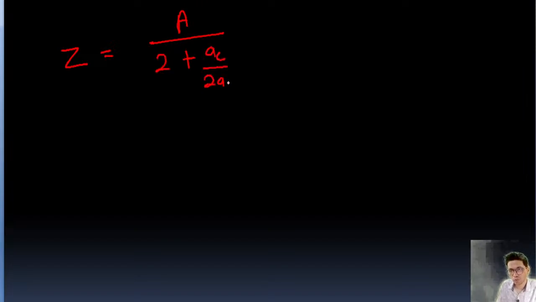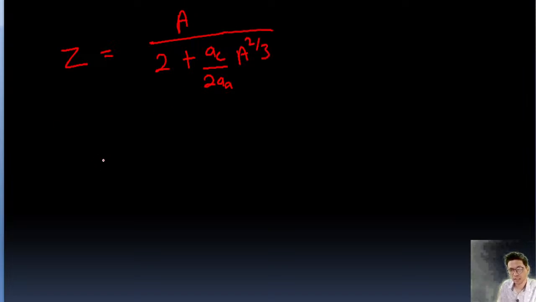So the first is value of Z equal to A upon 2 plus AC upon 2AA into A to the power 2 by 3, where AA is the asymmetric energy coefficient. Very important formula.